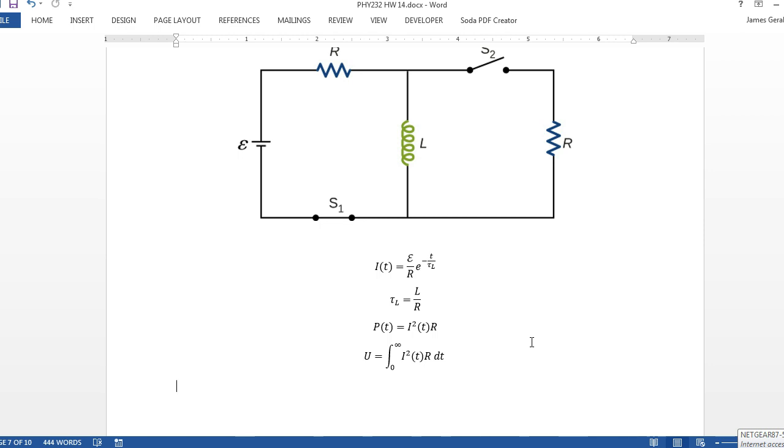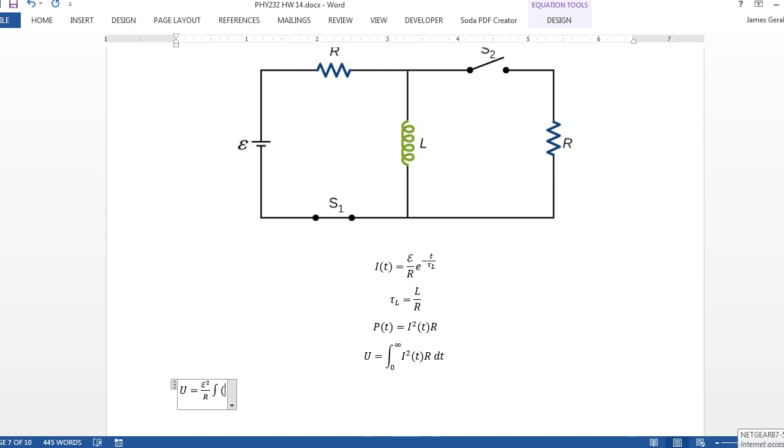Well, we know I, and so I squared, we can pull out front, U is script E squared over R, because one of the R's cancels out, right?